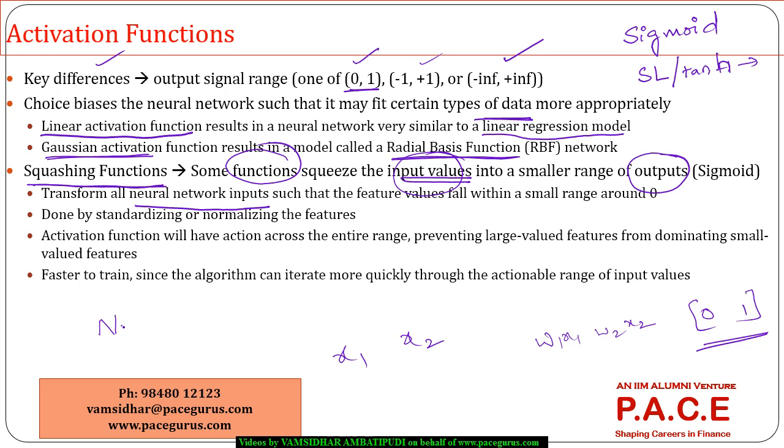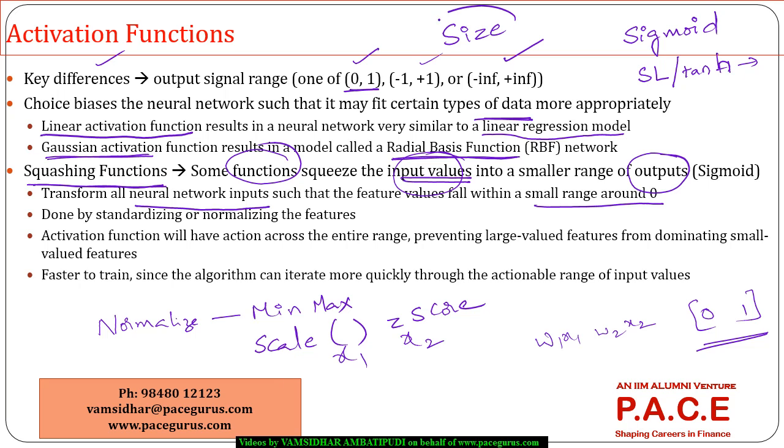Either you normalize them, with a min-max kind of normalization on the input data, or you do a scaling, which is a z-score kind of normalization, so that all the values are in the range of 0 to 1, very close to zero itself. You transform all the inputs so that the size impacts are completely removed, because anyhow it will transform between 0 to 1.